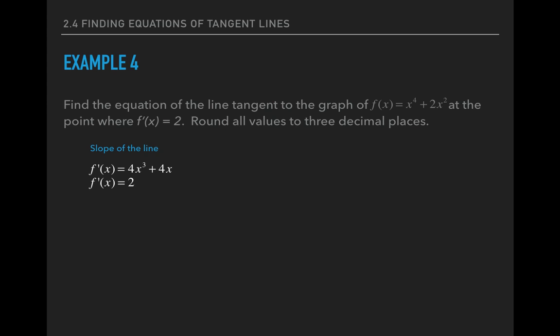Okay, so the derivative of this equation would be 4x cubed plus 4x. We don't know the x value, but we do know that the slope is 2. So how do we go about finding the x value and the y value, the point on this line?